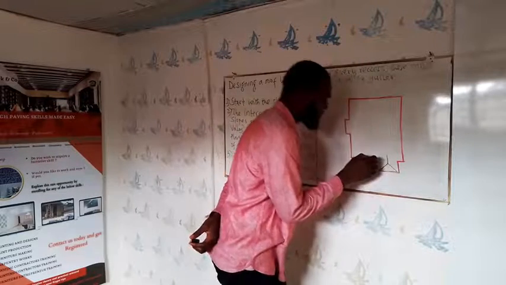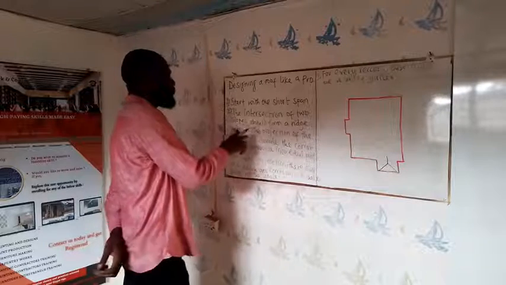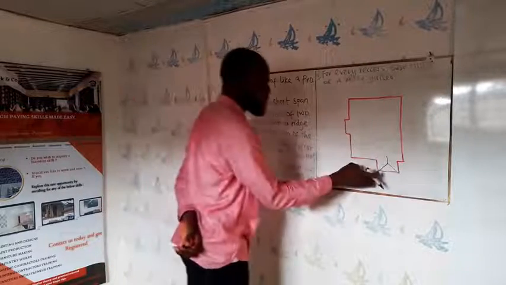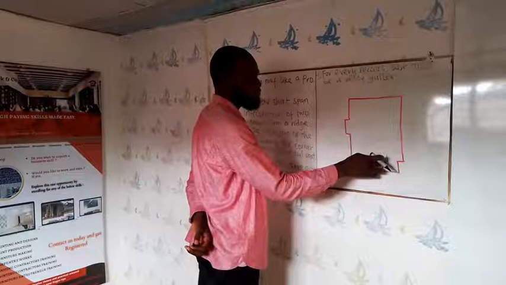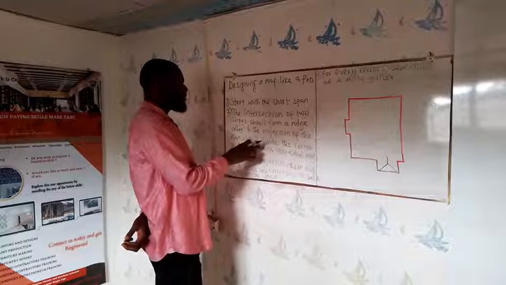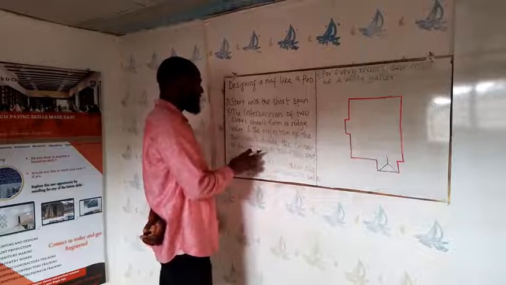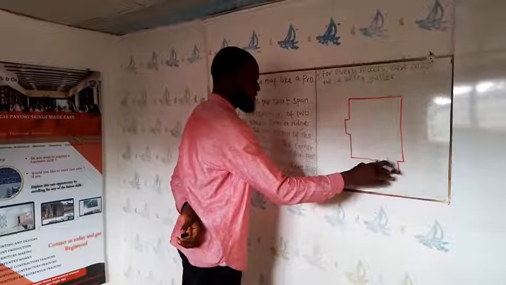Then, as the second rule says, the intersection of two slopes should form a ridge, which is this. This is slope 1, slope 2. They are forming a ridge already. The projection of the plan should divide the corner of the rectangle into equal parts, and it has been divided into equal parts already.